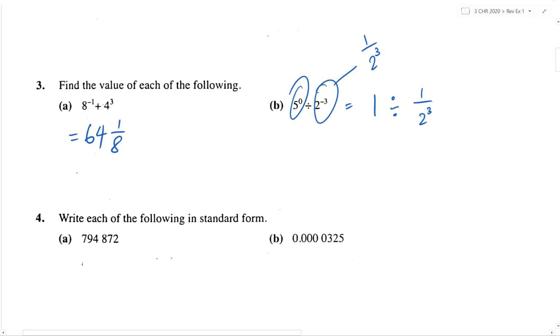When I have a divide, it is the same as 1 times 2 power 3 over 1, which is 8. But if you are lazy, type in your calculator 5 power 0 divided by 2 power negative 3, and you get 8.